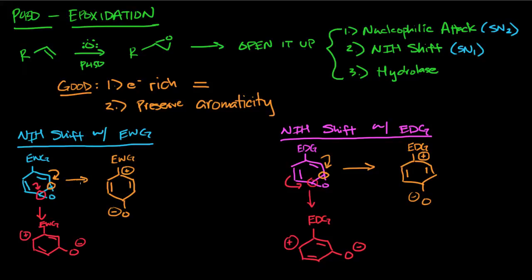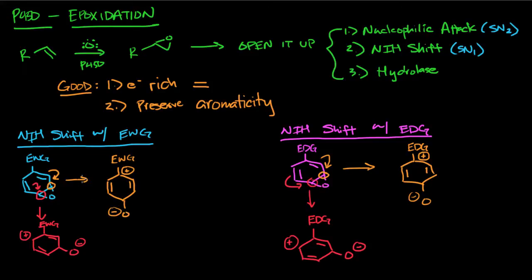If you open up at the meta position, what I like to do is push one of these double bonds, the electrons in the double bond, and notice that we generate a positive charge right next to the electron withdrawing group. That's not good. It's not favorable. So opening it up at the meta position and giving you a para-hydroxyl group, that's not going to happen.